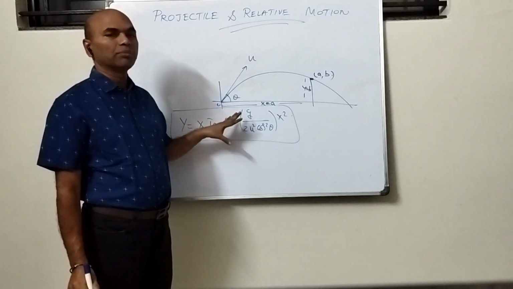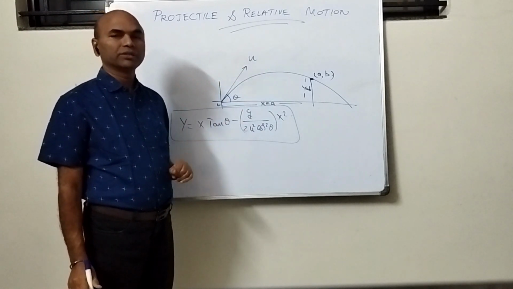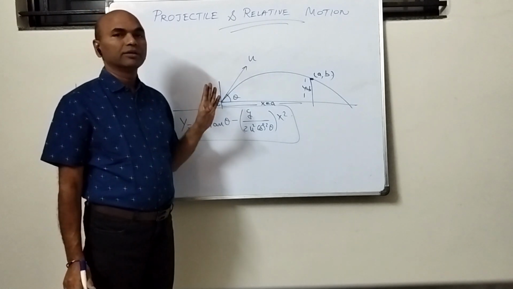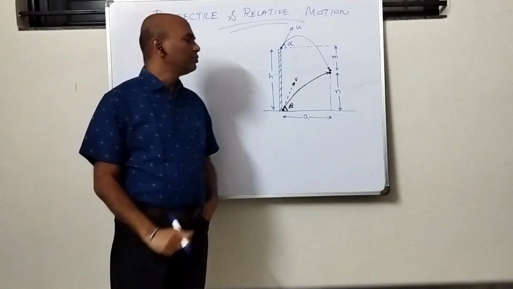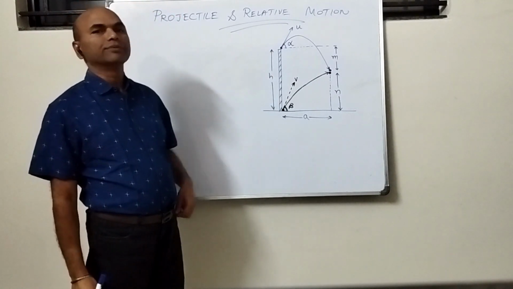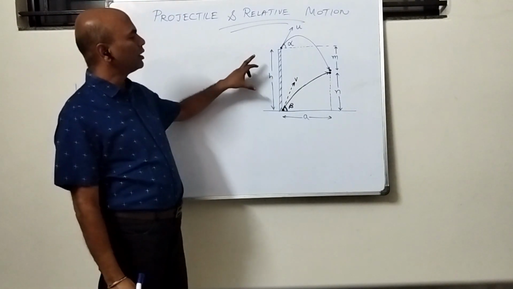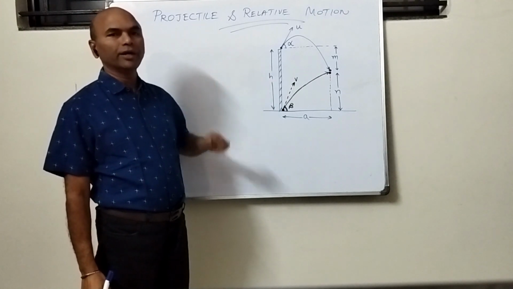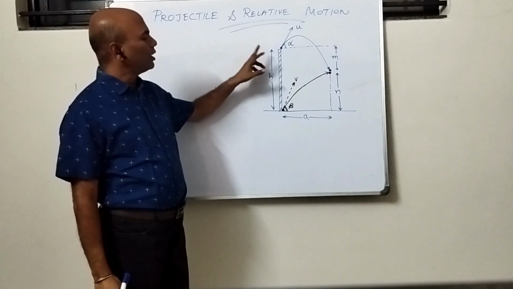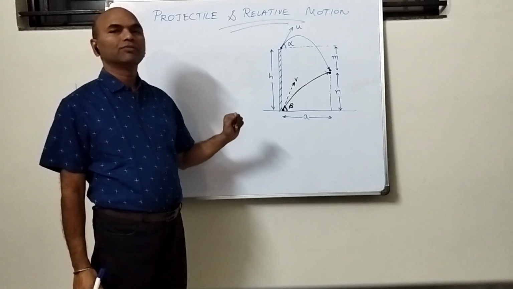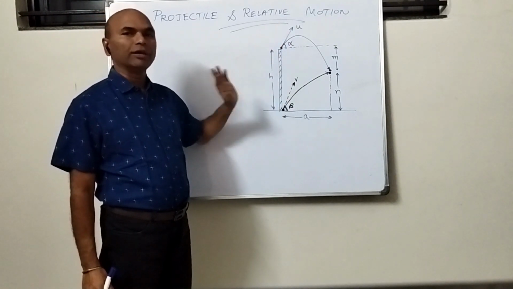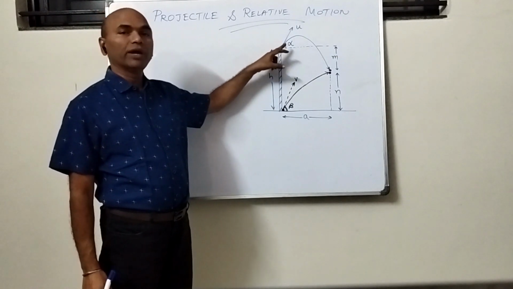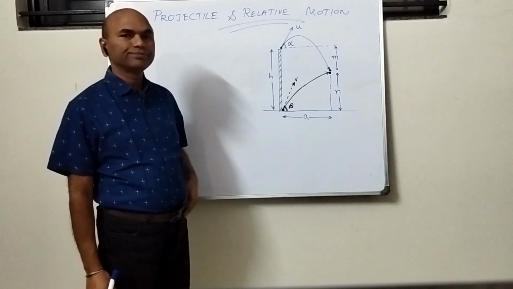So keeping this in mind, we shall discuss an application of projectile with relative motion. Now let us consider this application where we are having a tower of some height h and we are having two projectiles which are projected with respective velocities u and v and at respective angles of projection alpha and beta.